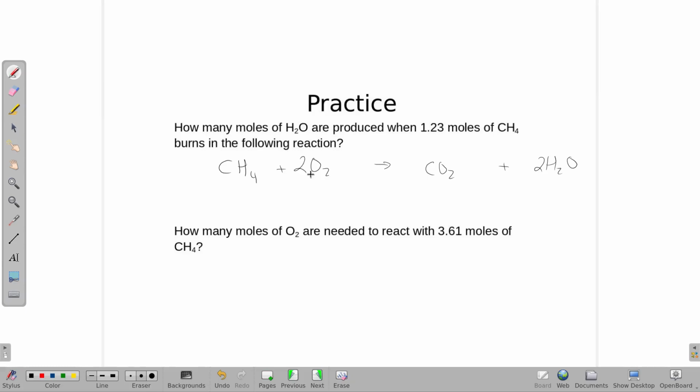All right. Now that we have a balanced equation, all we need to ever do is focus on what I gave you and come up with a conversion factor using the coefficients in the balanced equation that show you a conversion from what you had into what you want.